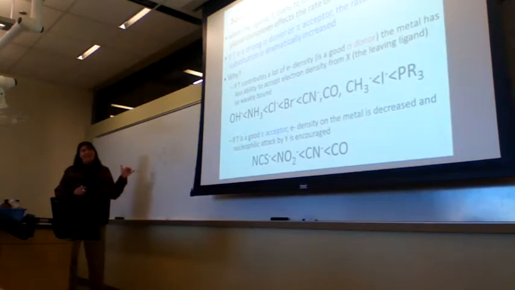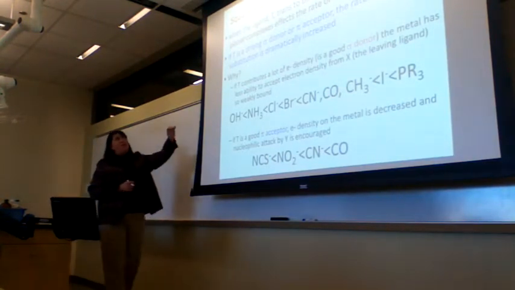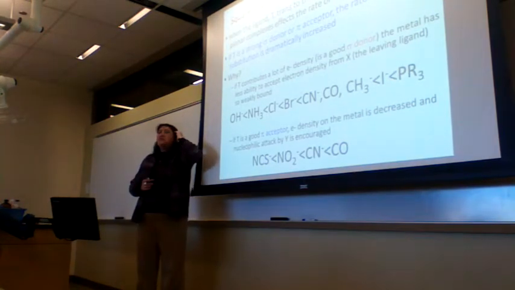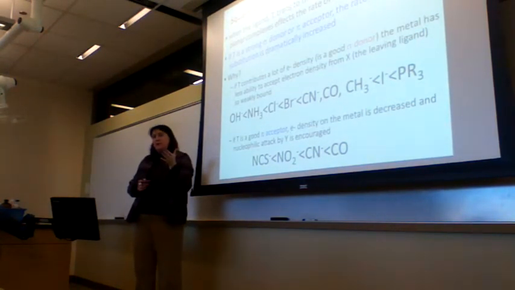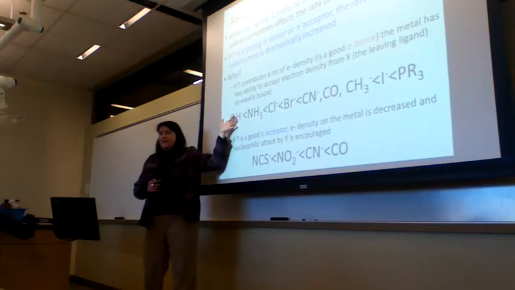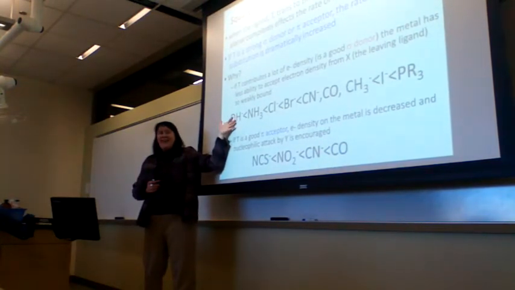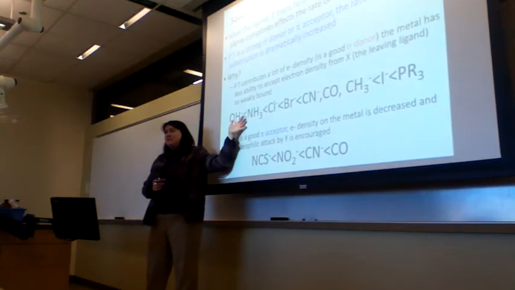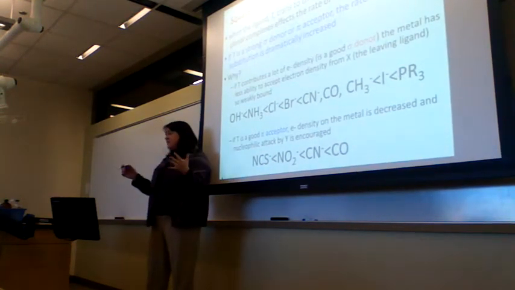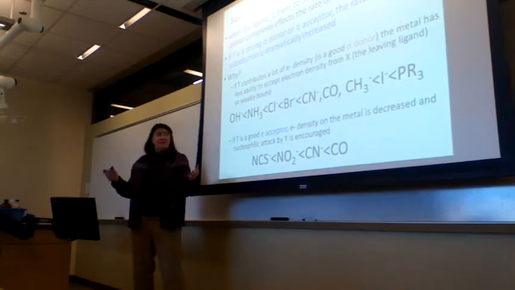Now, why would it activate the substitution? One is if it has a strong sigma donor. Now this is not the spectrochemical series, right? This is only how it is a sigma donor. Our spectrochemical series also takes into account pi effects.